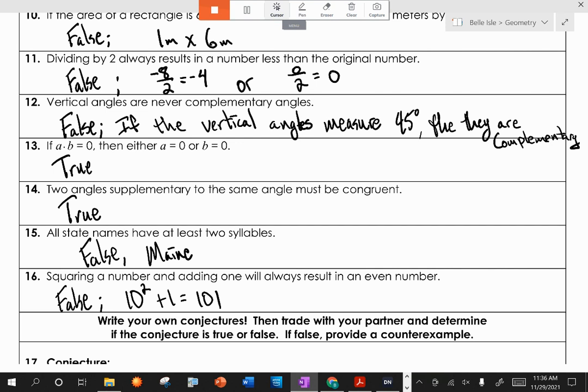This is all reasoning and logic. On the last one on your notes, you're going to write your own conjecture. Then you give it to someone sitting next to you. They are going to determine if that is true or false. If it's false, then you give a counterexample. It does not have to be a math-related conjecture. Okay?